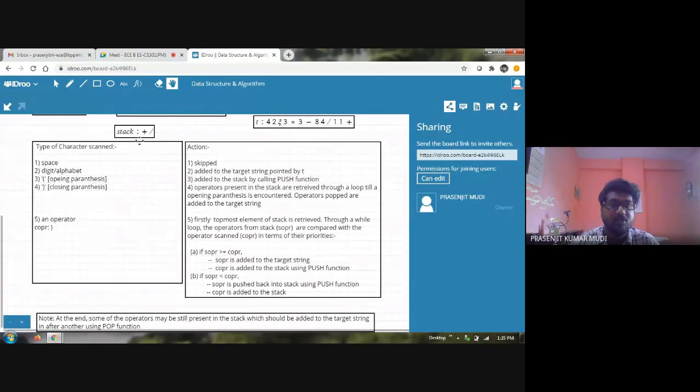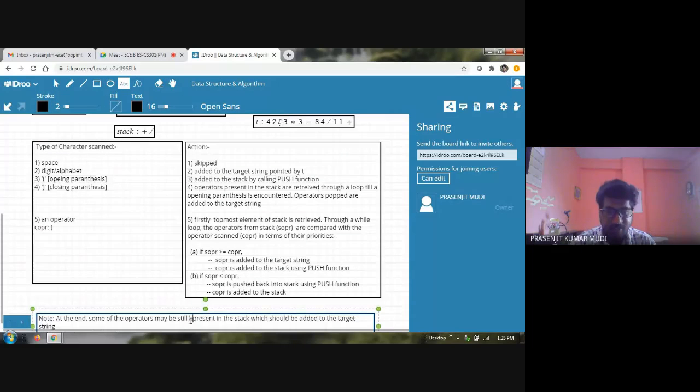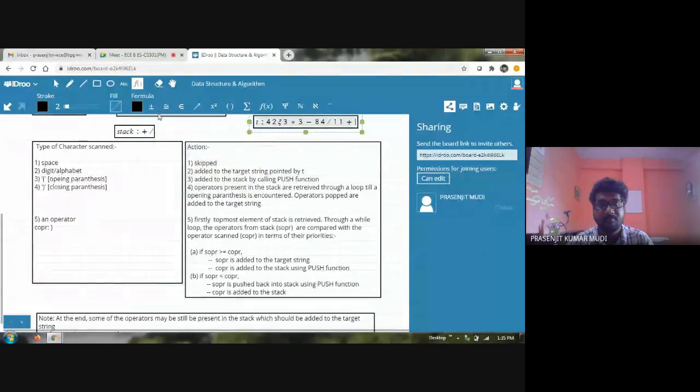Okay. So at the end, some of the operators may still be present in the stack, which should be added to the target string. So one by one character operator from the stack will be popped. So first division will be popped and added to the target string, and then so it is removed.